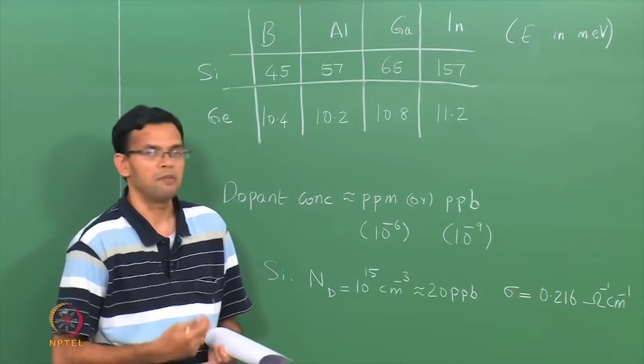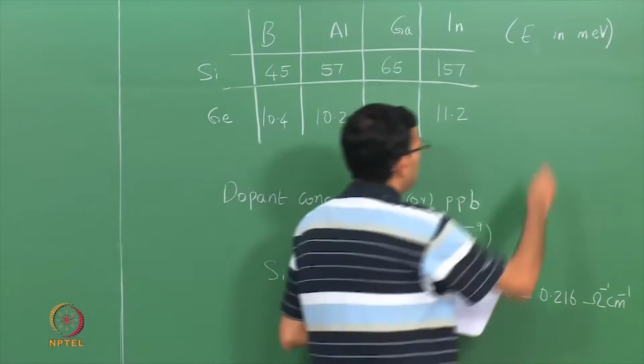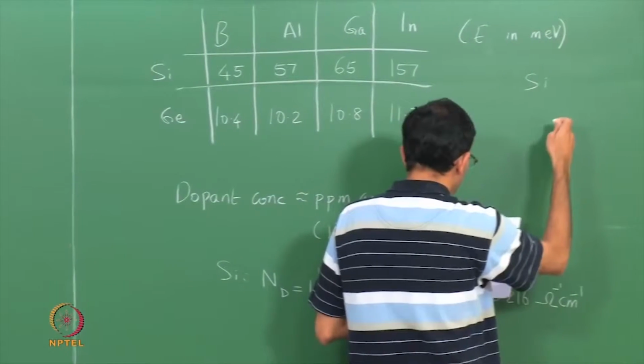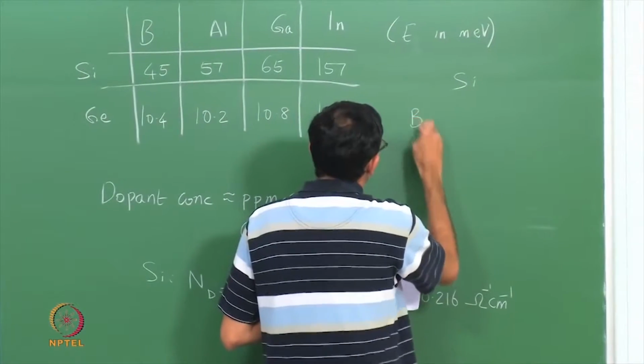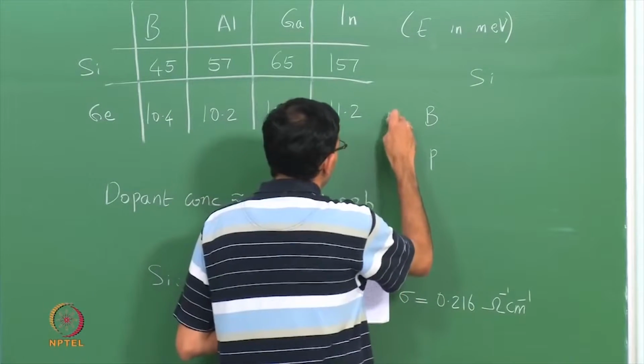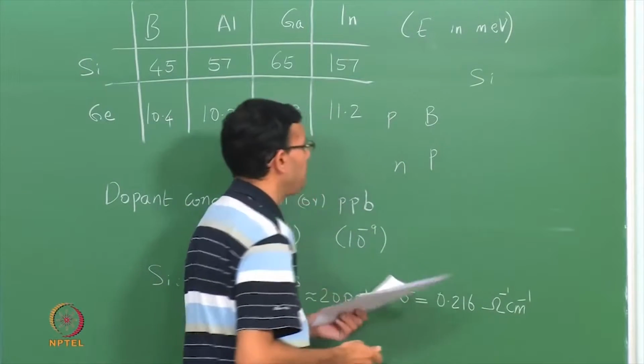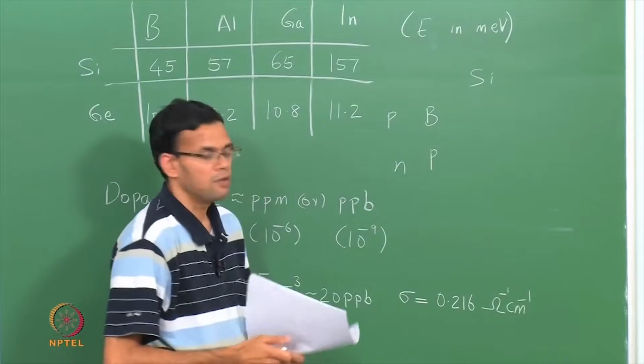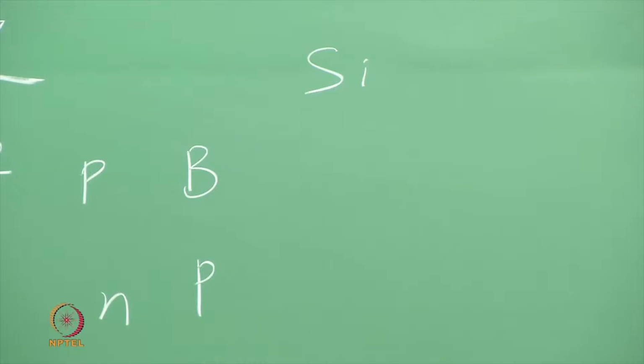Just to give you some numbers, let us take the case of silicon. I have two dopants, one is boron, one is phosphorus. Boron is p type, phosphorus is n type. We will write down the values for the activation energy and the diffusion coefficients for these dopants.